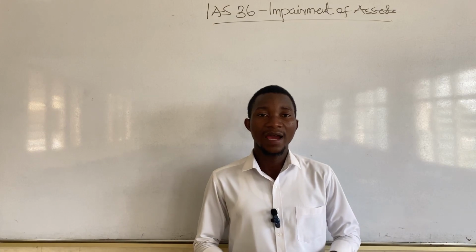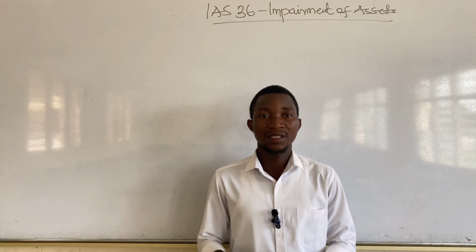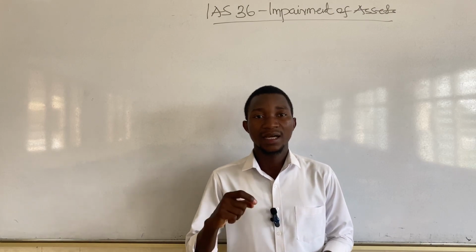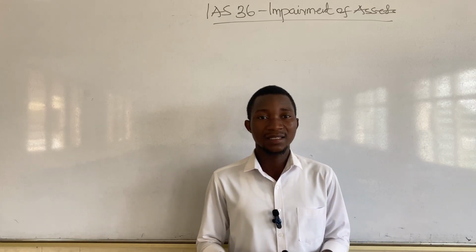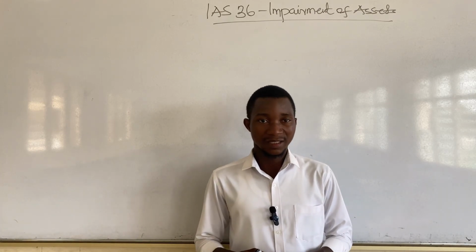So the objective of IAS 36 is to outline the procedures that an entity should apply to ensure that the carrying value of all its assets is not stated above the recoverable amount of such asset. Is that okay?